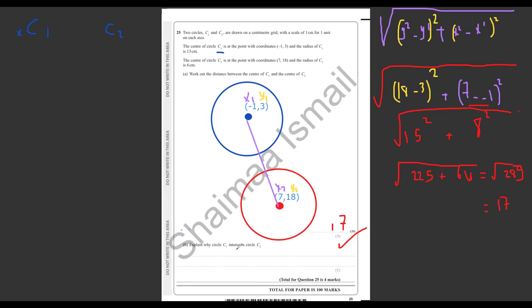C2. Okay, to see this, that is because this line is 17, and here we have a difference between the -1 and the 6 on the x-axis, so a difference of 6.